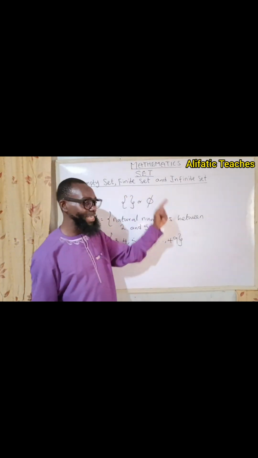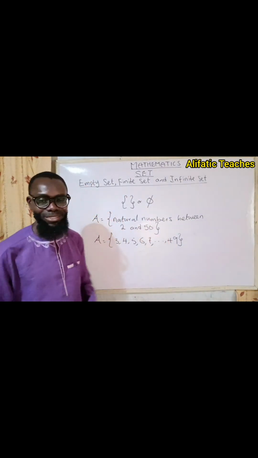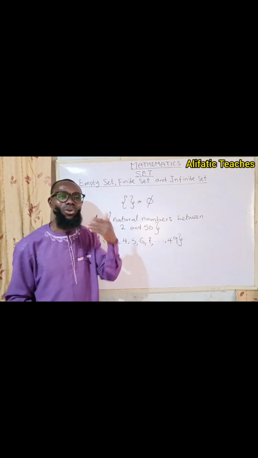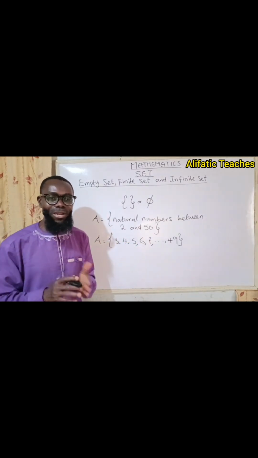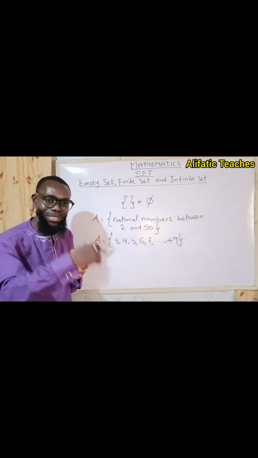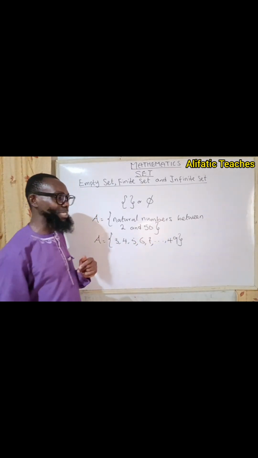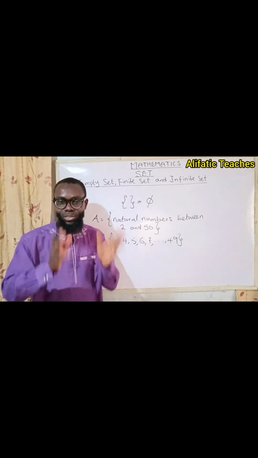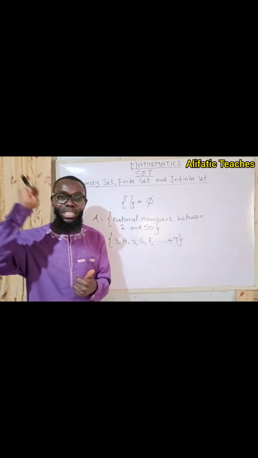While infinite sets are sets in which all the elements cannot be listed. It can continue, so it's an infinite set. For an infinite set, we use 3 dots to represent it without having a last number. Let's say for instance, all natural counting numbers. Natural counting numbers start from 1 and continue like that.